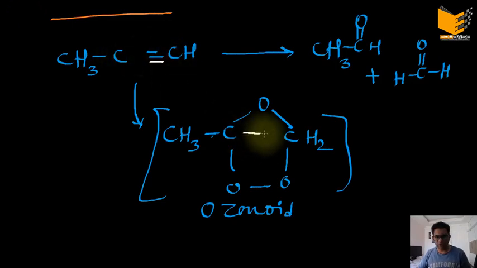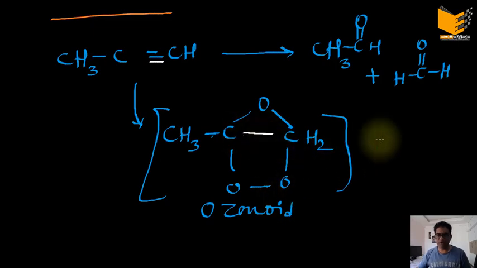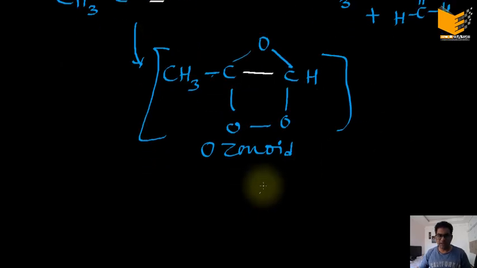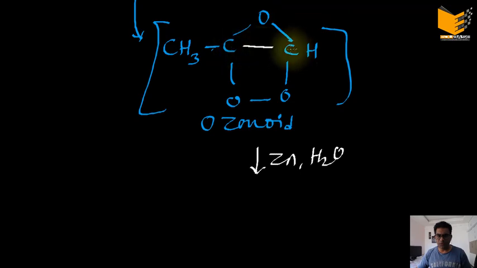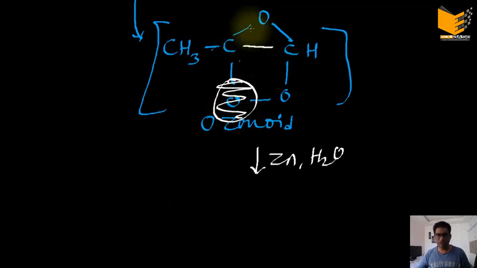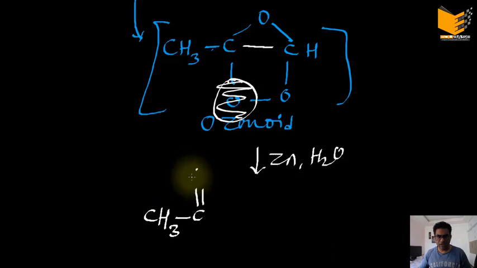Two bonds are going to break off, so one bond is going to stay as it is. This is the ozonoid derivative we get with alkyne. Now if you do the reduction using zinc, the two carbons are going to stay connected. One of the oxygens will have to be removed. The two oxygens are going to get double bonded to the respective carbons, so we're going to get this compound.